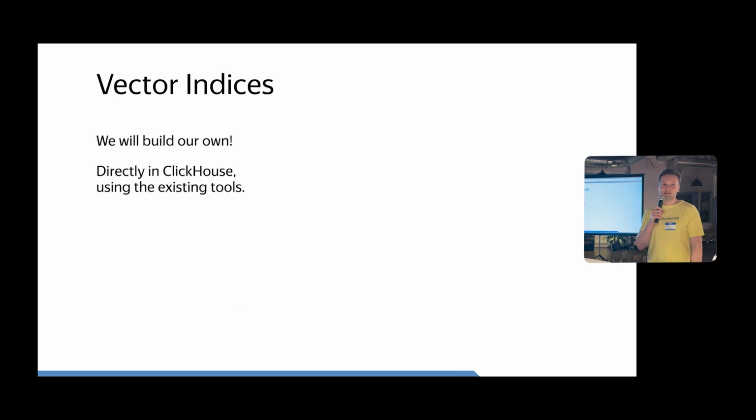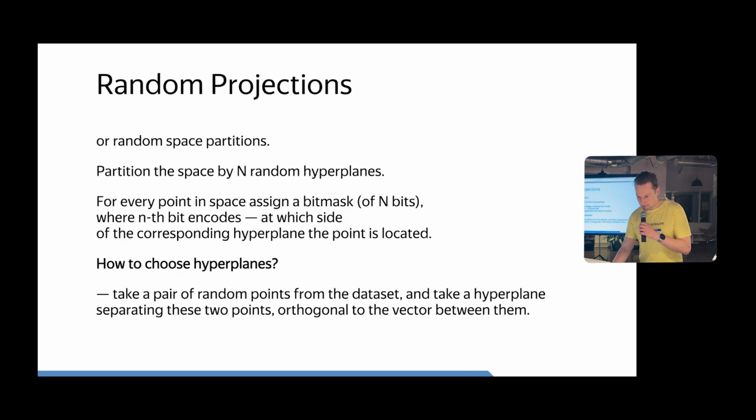But actually, I did not want that. I wanted to experiment and build our own index directly in ClickHouse just for fun, using existing tools. And I use a method named random projections.